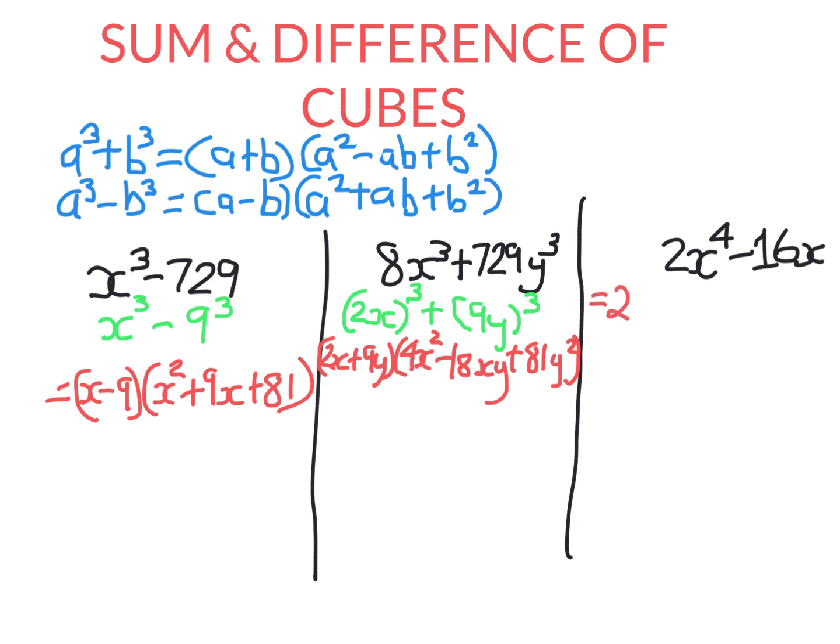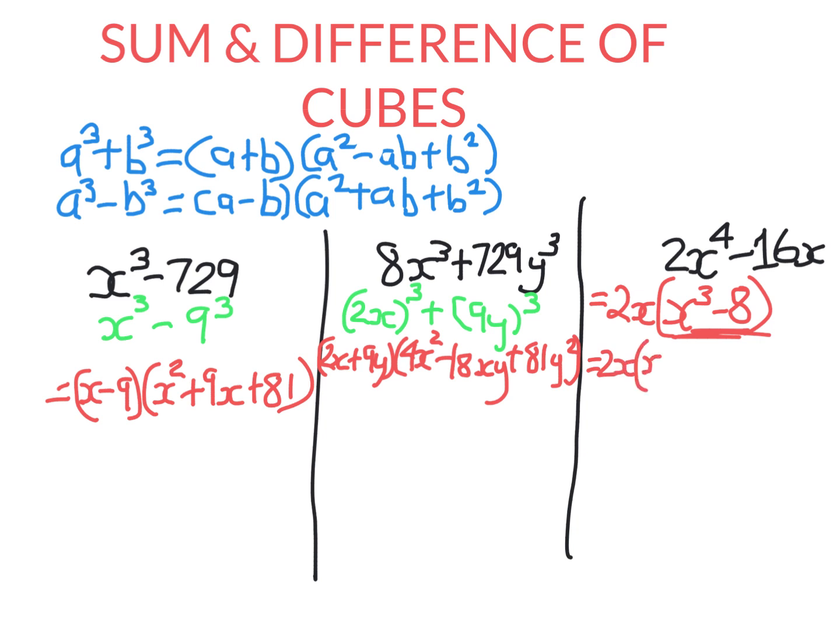Taking out our factor of 2x, what do I times by 2x to get x to the power of 4? Well, I get x cubed. What do I times by 2x to get negative 16x? Well, that's negative 8. Now, this is the difference of two cubes. So I'll leave the 2x alone and I'll factorize the x cubed minus 8 part.